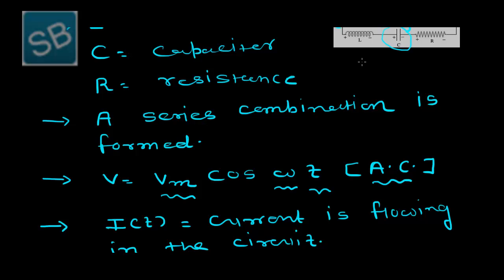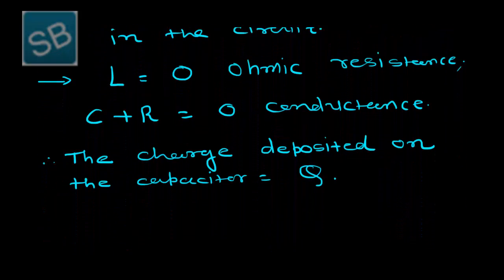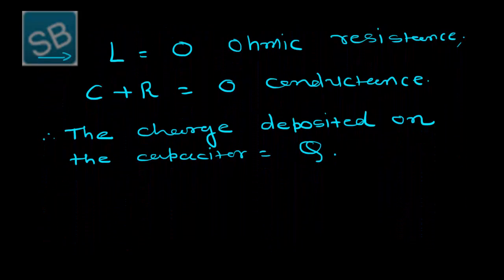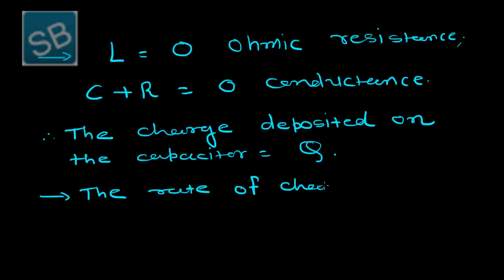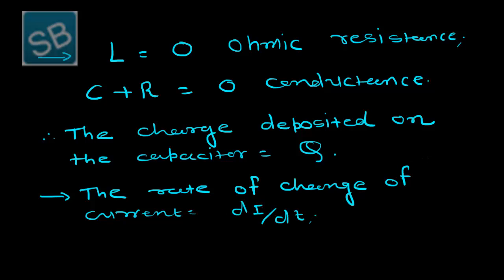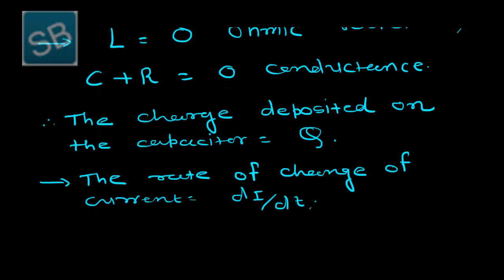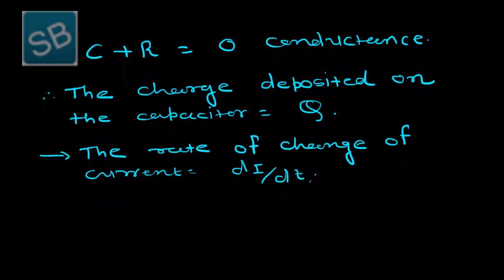That means there will be a rate of change of current, and I am denoting that rate of change of current as di by dt.